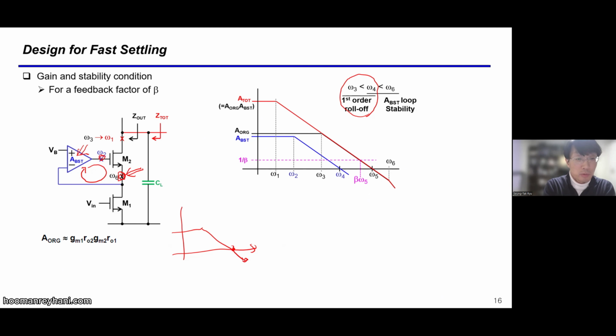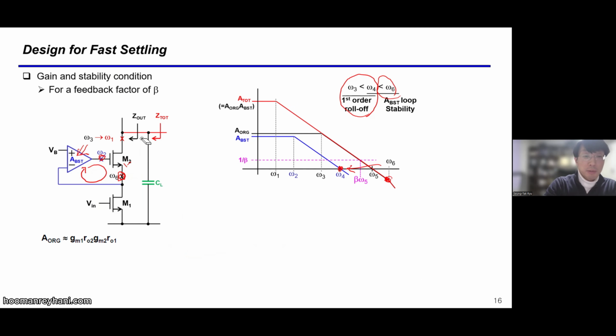This is the dominant pole node. So this one is actually the non-dominant pole of the main cascode amplifier, which is this one. So the unity gain frequency is what? Omega 4. So omega 4 should be lower than omega 6. So two conditions are there, right? First order roll-off, one pole drop, and stability.